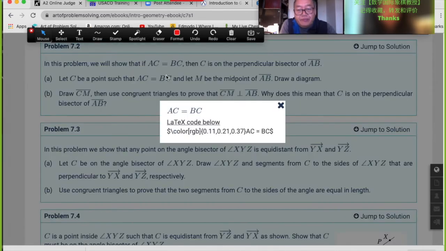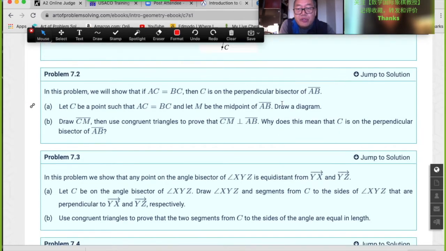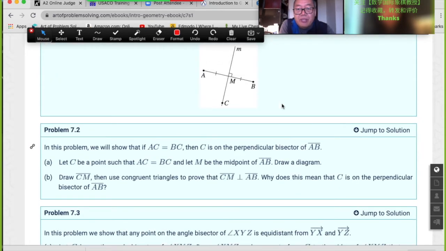Okay. They said in this problem, we'll show that if AC equals BC, then C is on the perpendicular bisector of AB.